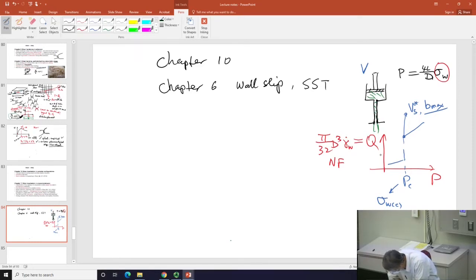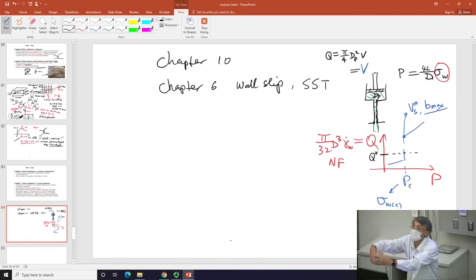You are basically insisting that the material will come out at some rate. In fact, if the barrel has a diameter of Dp, then the volume, if you forget about everything else, should be pi over 4 Dp squared V, as a cylinder of diameter Dp. That's how much material should come out per unit time.